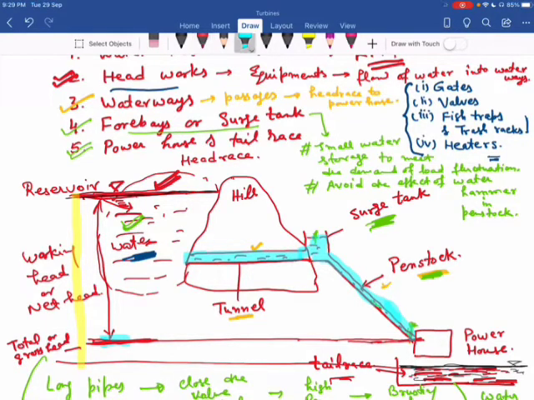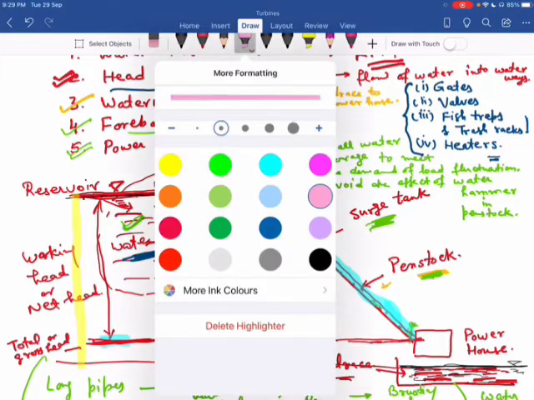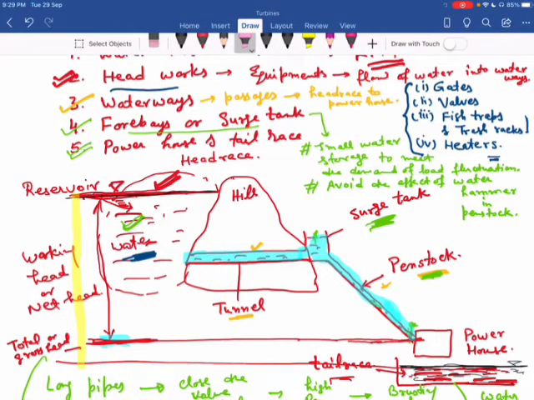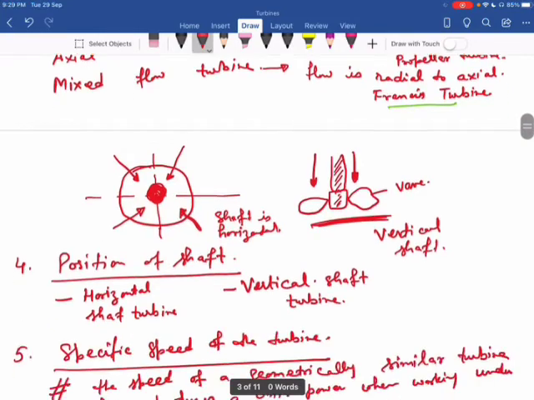Okay, and this height, this is your net head, your working head, your available head, or effective head. Okay, so this is the difference between the two types of heads in the turbine.